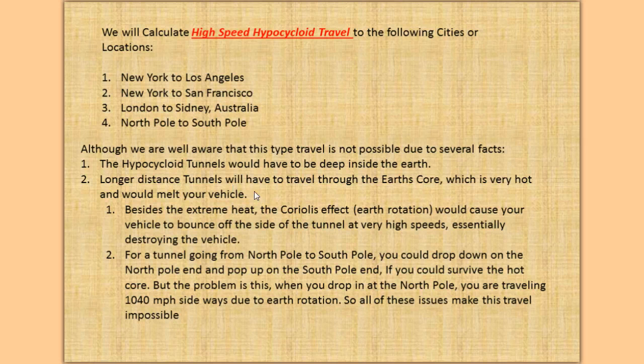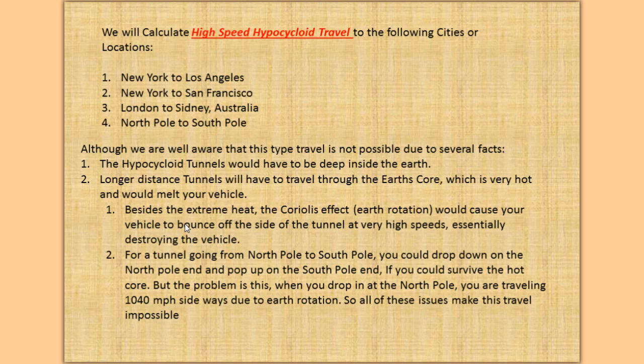But there are interesting features about this that we want to look at, even though we know it's not possible to make this type of high-speed travel. Besides the extreme heat, the Coriolis effect, from the Earth's rotation, would cause your vehicle to bounce off the sides of the tunnel at very high speeds, essentially destroying your vehicle.